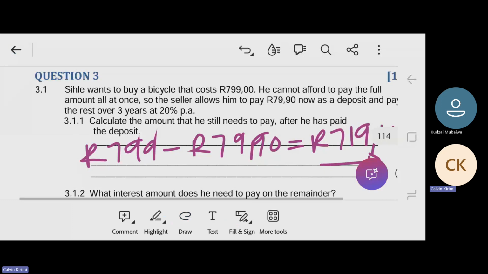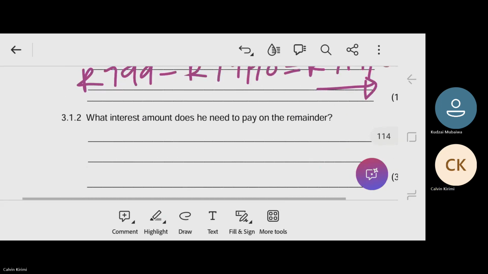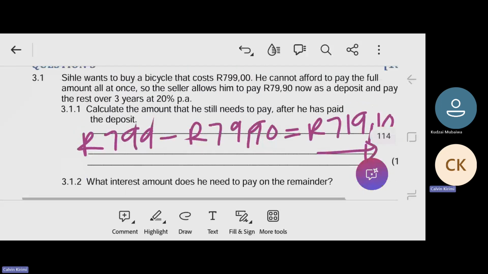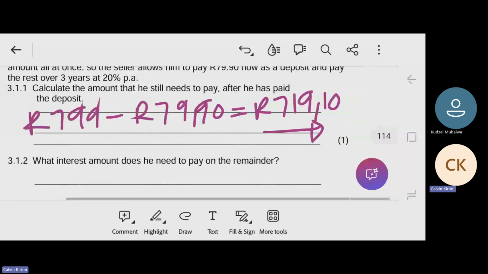All right. What interest amount does he need to pay on the remainder? So I want to calculate interest, isn't it? The remainder is this one, 719.10.